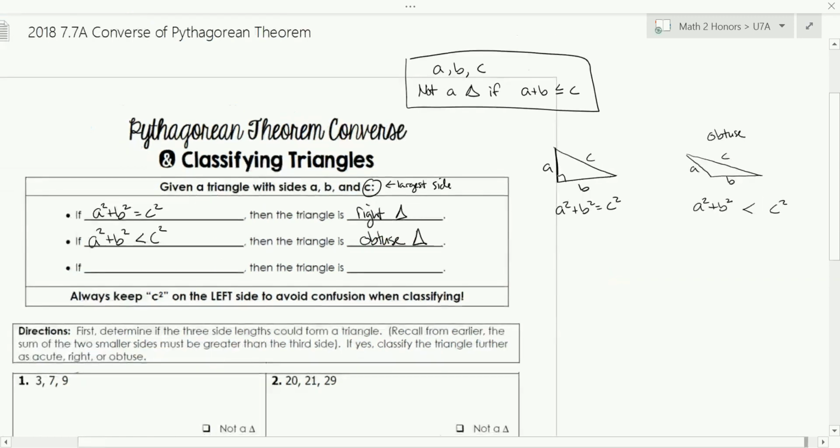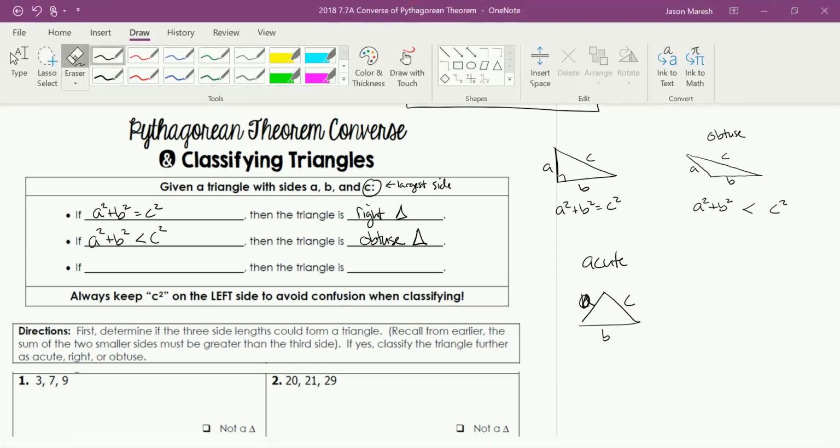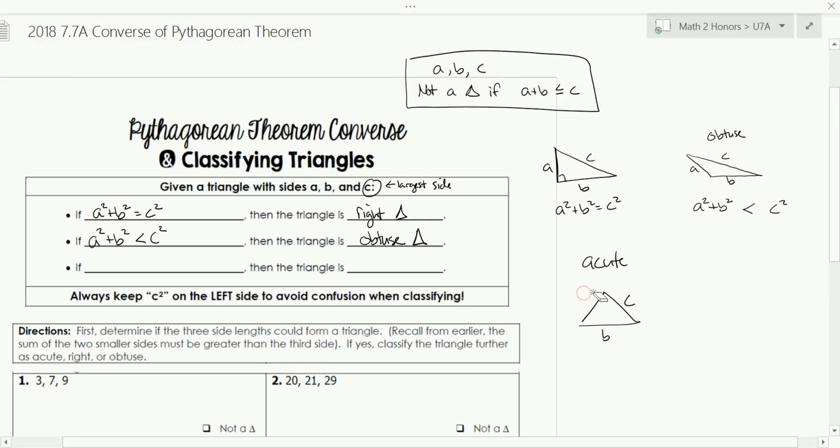Okay, and then lastly, if we were to make an acute triangle, I mean all three angles are smaller than 90 degrees. Sorry, that should be an A. So A, B, and C. What do you think we're going to find if we calculate A squared plus B squared and compare it with C squared?